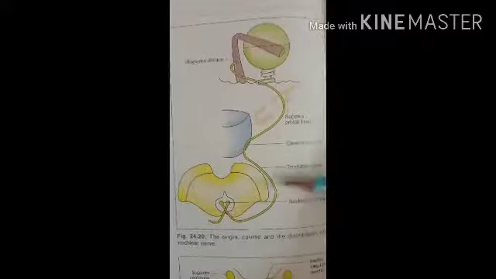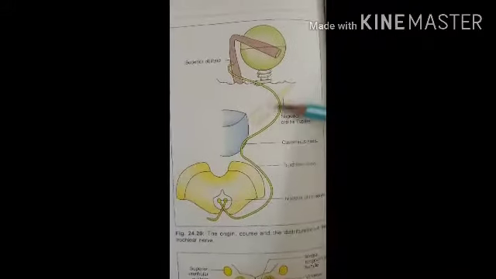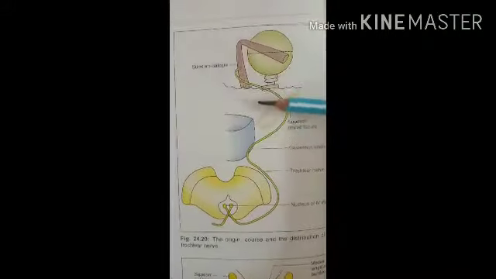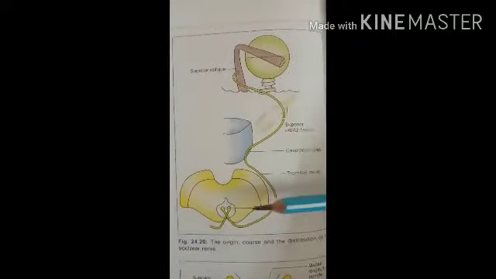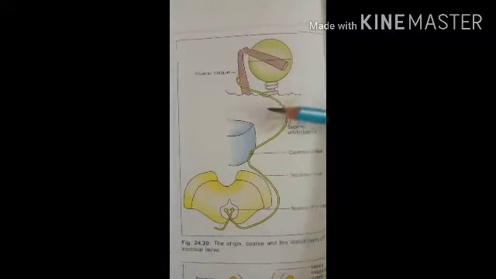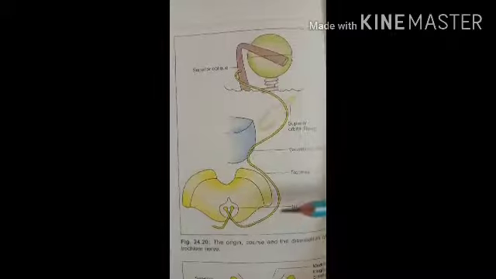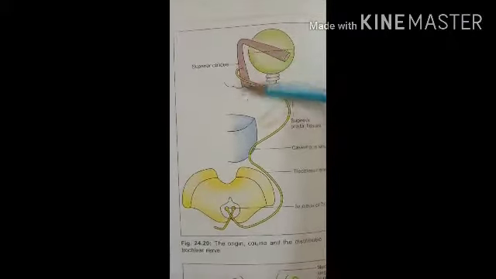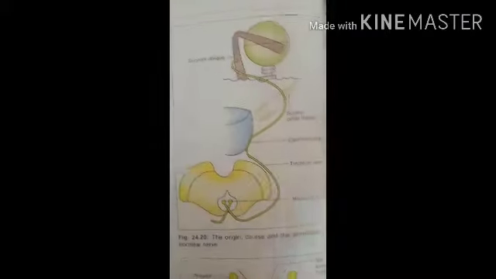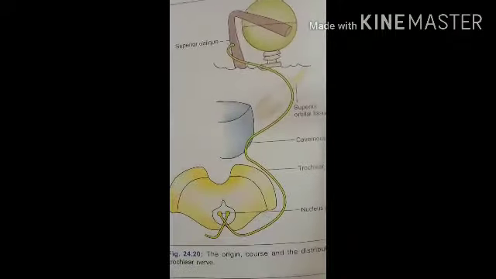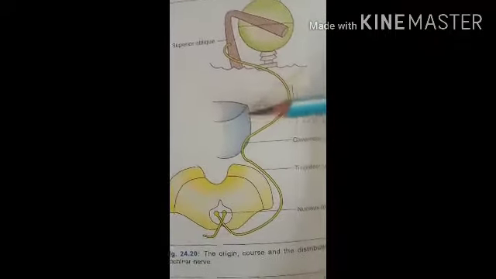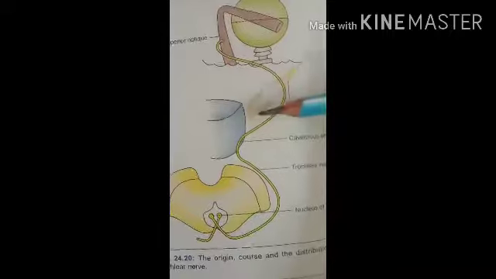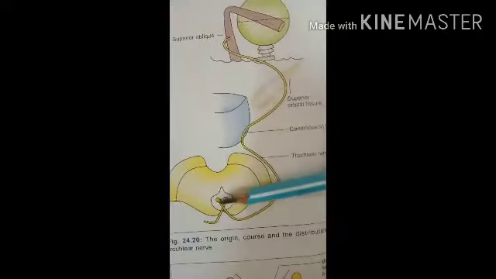Then the next nerve, that is the trochlear nerve. It is the fourth cranial nerve and it is purely motor and supplies only one muscle, the superior oblique muscle. Then let's see the features of the trochlear nerve. It is the only cranial nerve which emerges from the dorsal aspect of the brain.